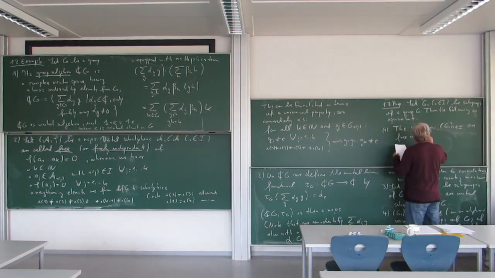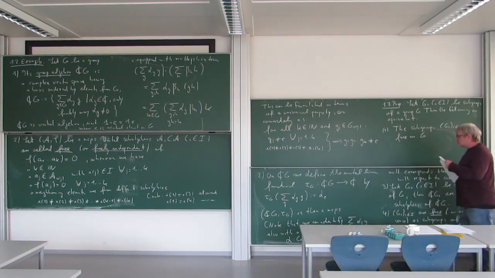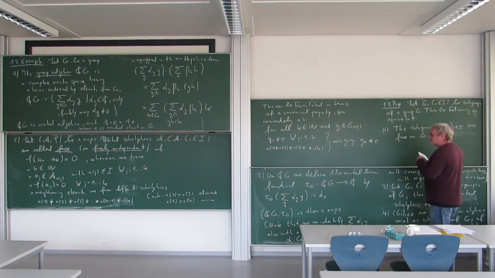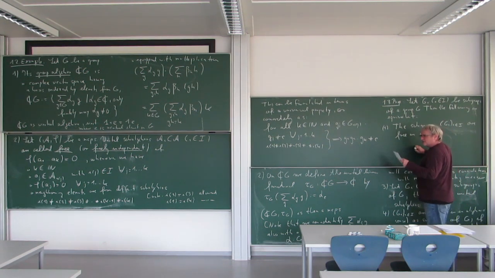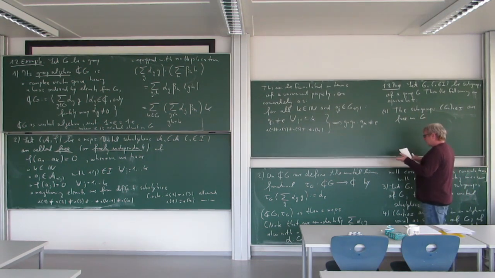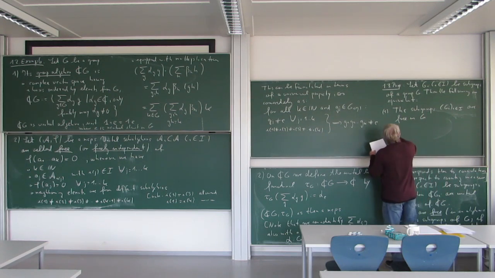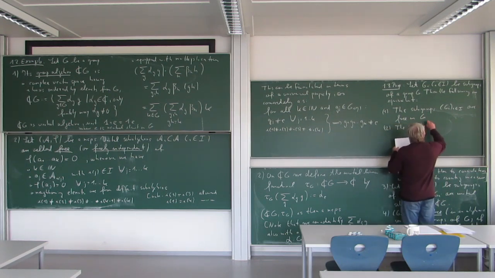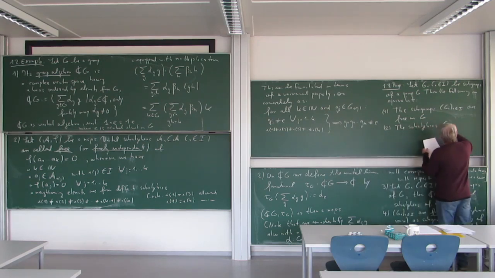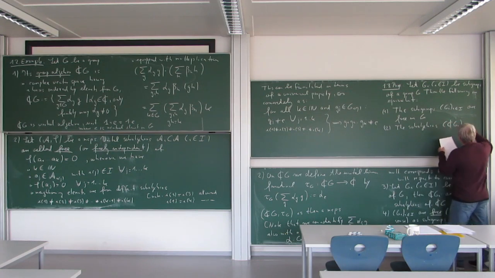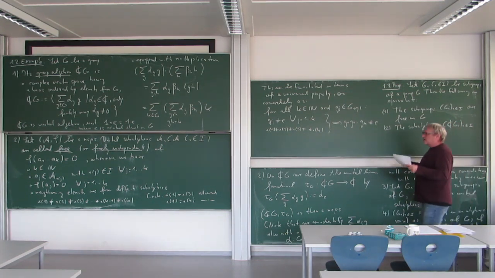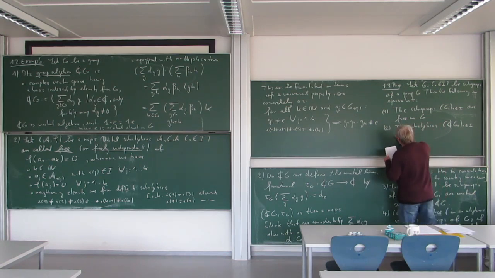And the second is that the same happens for the group algebras on the level of my non-commutative probability space. So the subalgebras C[G_i], i in I, are free or freely independent.